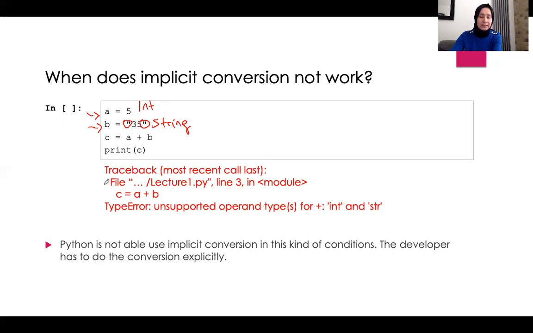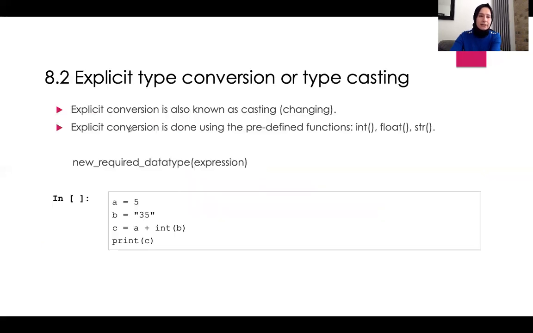In this kind of condition, the developer has to do the conversion explicitly. We have to explicitly convert this string to an integer. So how can we do that?